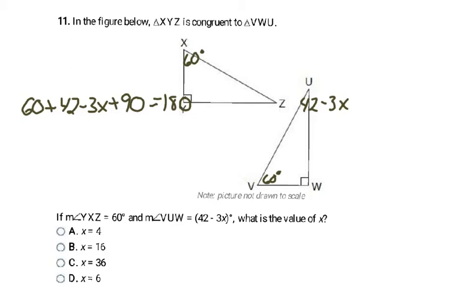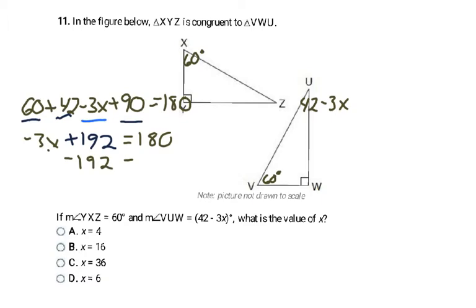And now I can solve that equation. So first thing I'm going to do is combine like terms. I only have one x term, so I'm just going to rewrite that minus 3x. And then I have three numbers, 60, 42, and 90. And that adds to 192. And that equals 180. So now it's a two-step equation. I'm going to subtract 192 from both sides.